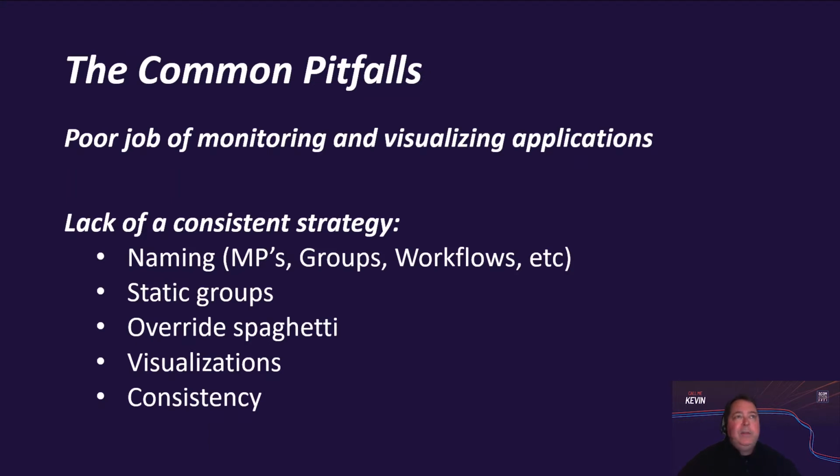Anything that you're asked to provide a name for in SCOM, you should document a strategy around that. You should document your strategy around the way that you're going to save overrides, the way that you're going to do groups. I see a lot of customers still using static groups today, and that means that the SCOM administrator is the one responsible for constantly adding and removing systems from those static groups.